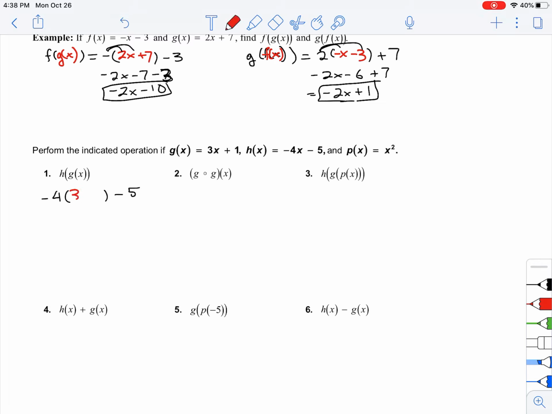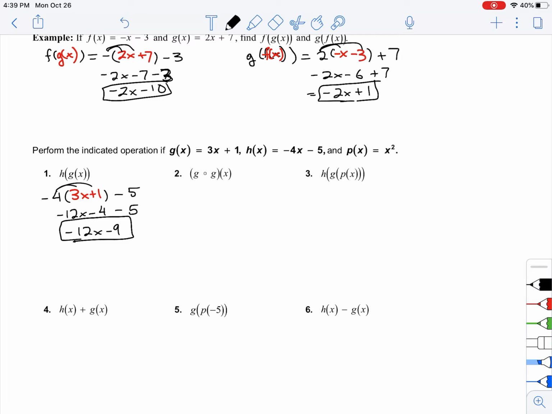So g of x is 3x plus 1. Then we simplify by doing distributive property, and then we combine like terms. And this is our final function.